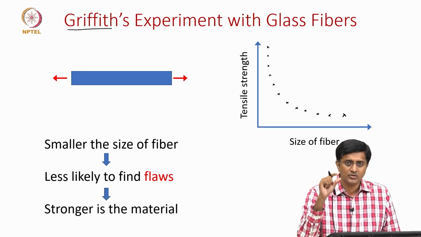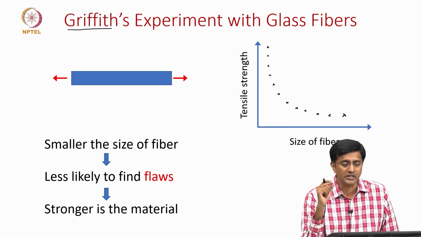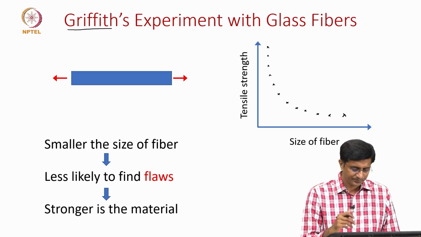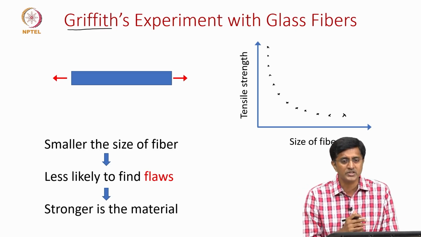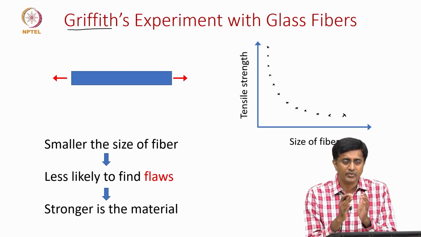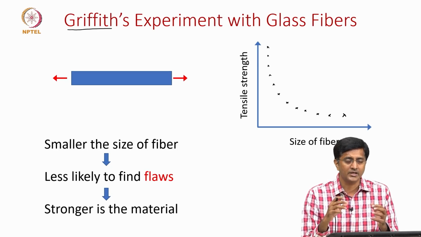What do the flaws do? They reduce the strength of the material, because there is a stress concentration at the flaw and the material fails much earlier compared to the theoretical calculations. So, the take home message from this slide is, as we decrease the size of these fibers, the likeliness to find a flaw is small, therefore the strength is high.